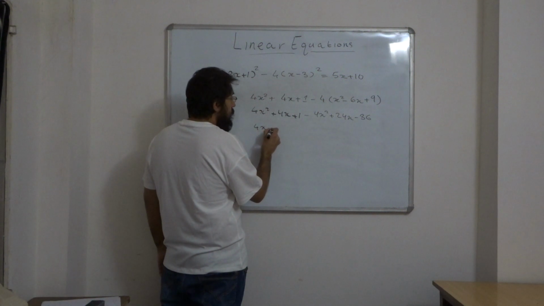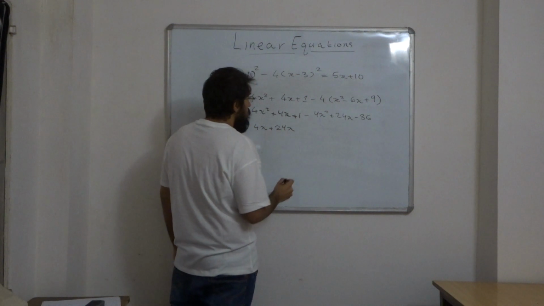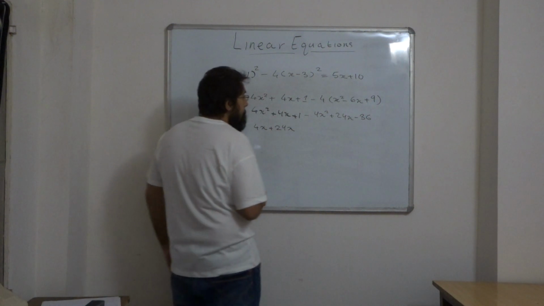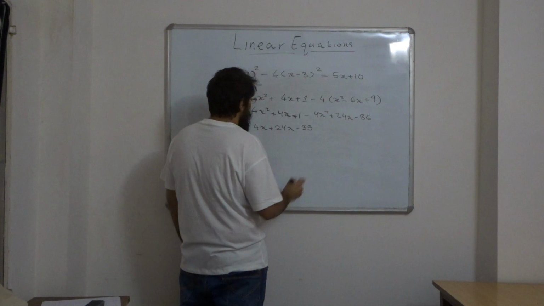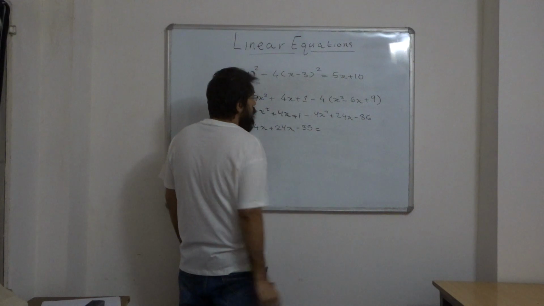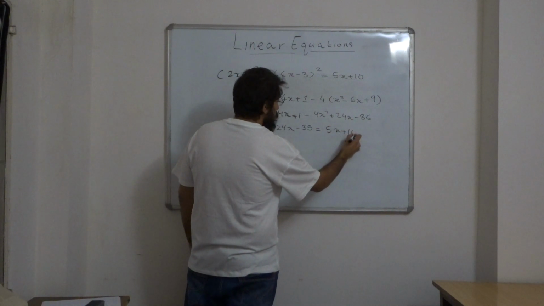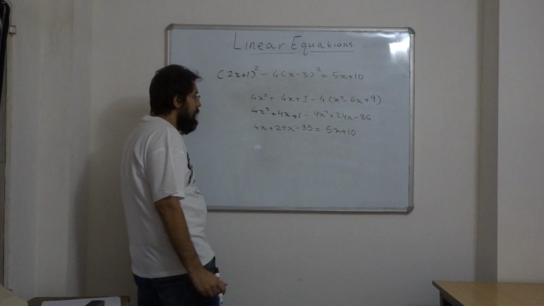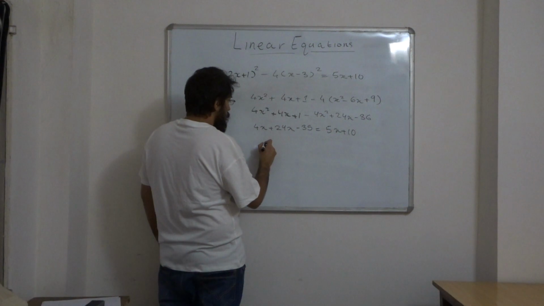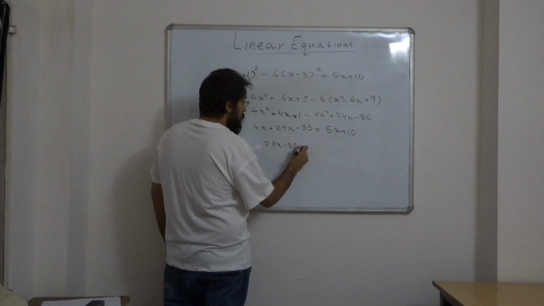We're left with 4x plus 24x, minus 35, which equals 5x plus 10, which is the given on the RHS. So now you have 28x minus 35.